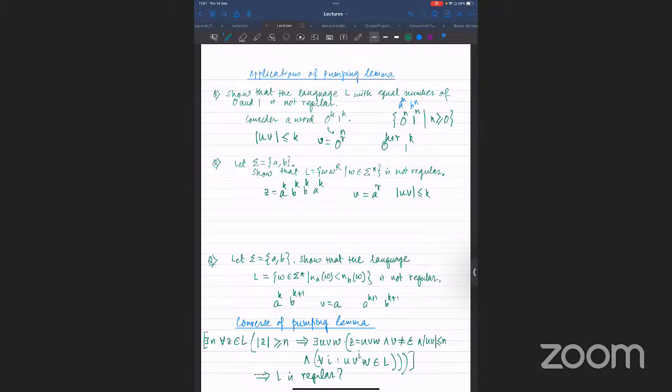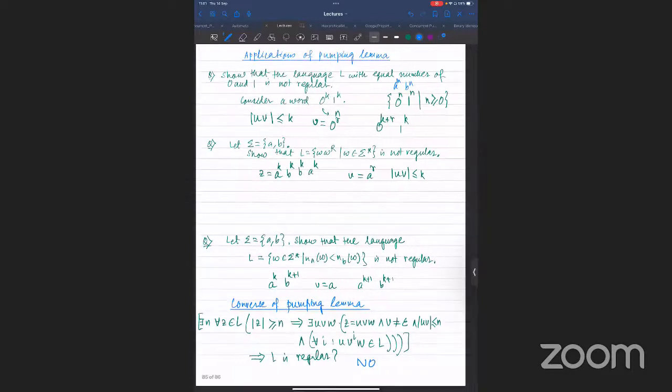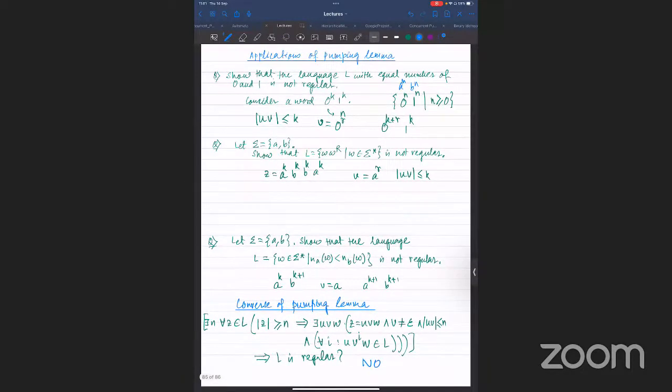If a language is regular, it satisfies the pumping lemma. If a language satisfies the pumping lemma, is it regular? So the answer turns out to be no.